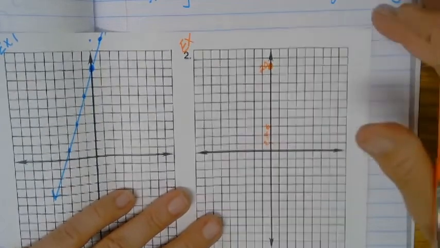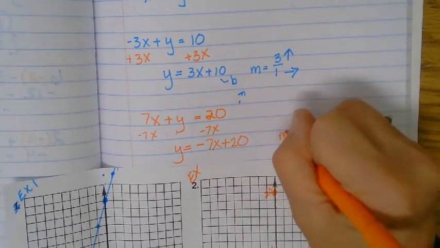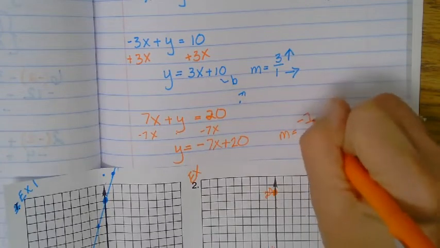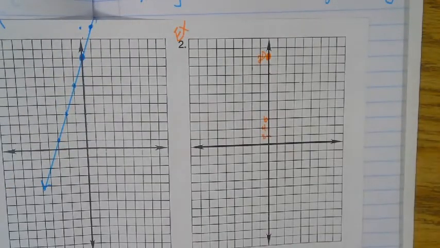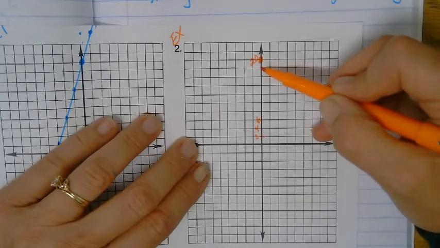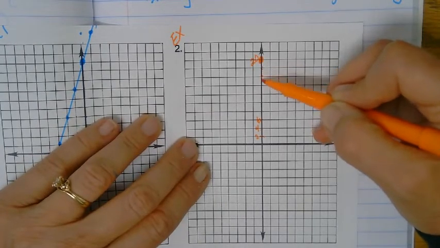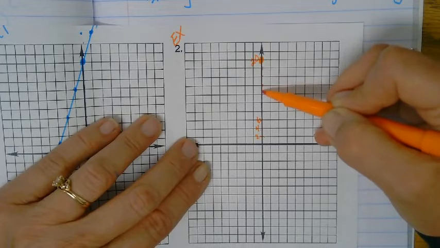Now, what is my slope? Negative 7 over 1. So remember, we counted these by twos, right? So we have to go down 7. 2, 4, 6. Then the 7's going to be halfway.